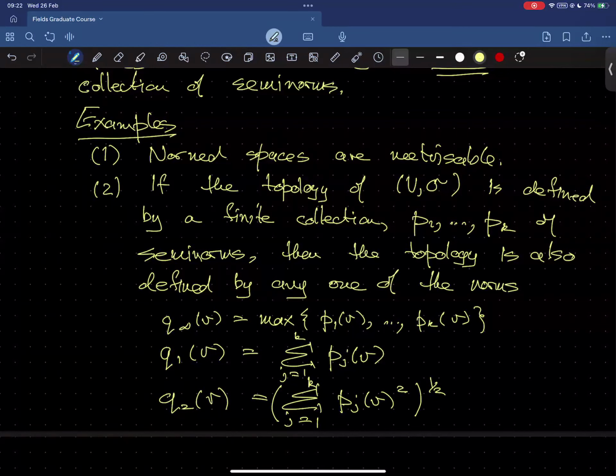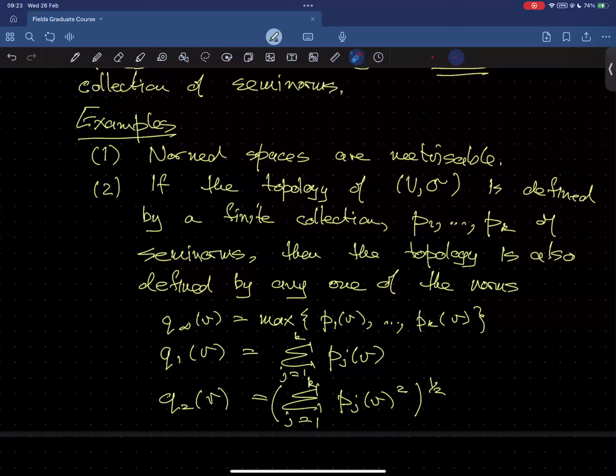And then for example, you go Q2. In fact, if you take any norm on R^k, the k-dimensional Euclidean space, and feed into that norm the vector of seminorms as its entries, that will also define for you a norm.